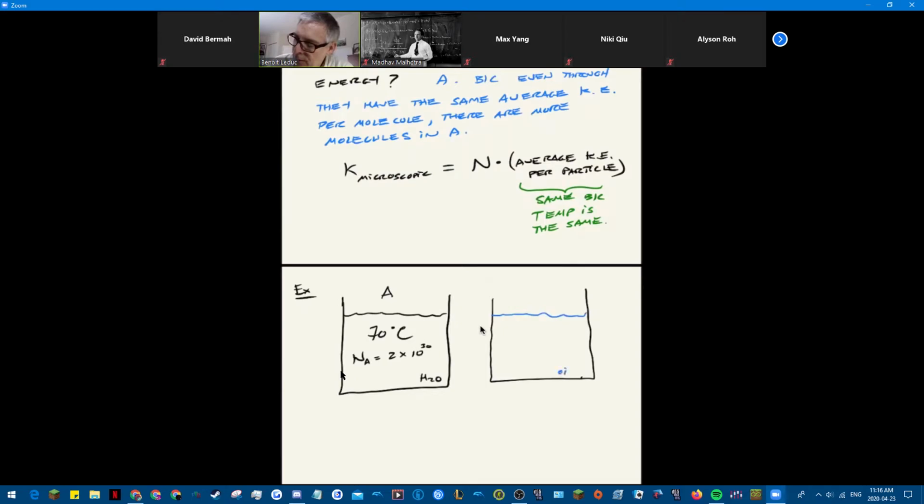This is going to be oil. Temperature is also 70 degrees. The number of molecules in oil is also the same.